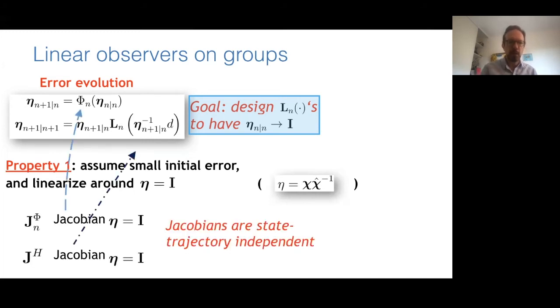If you do that, you see that the Jacobian of this map and the Jacobian of this map there are state trajectory independent, because you linearize those maps always at the same point, which is the identity. Eta is equal to identity.